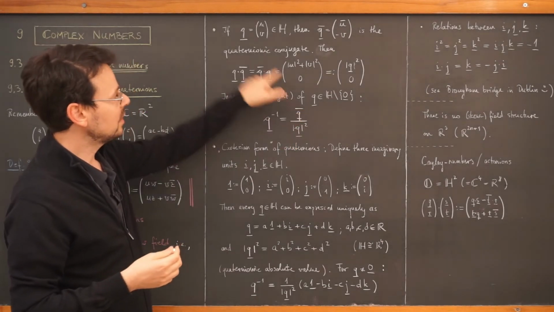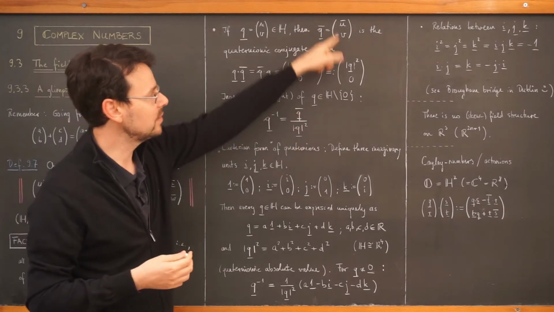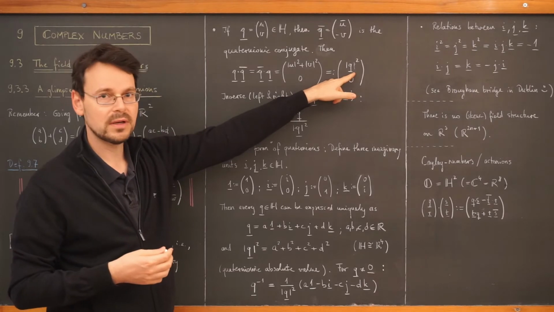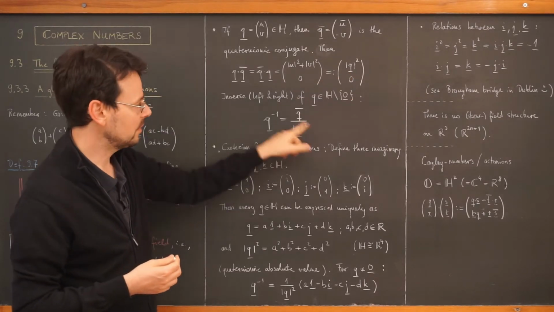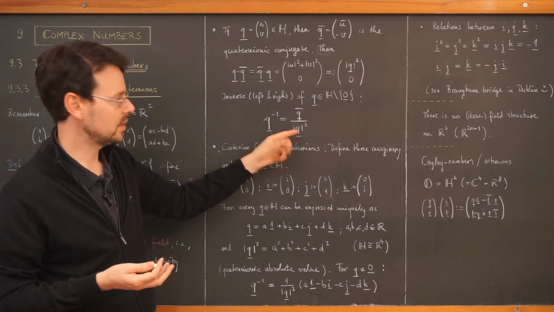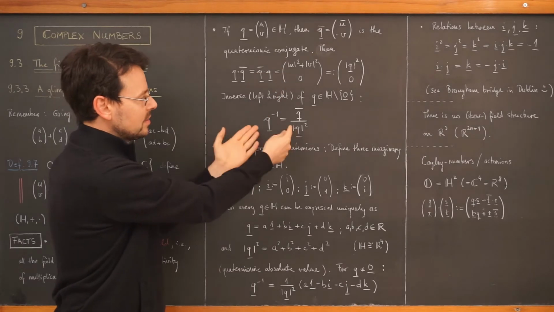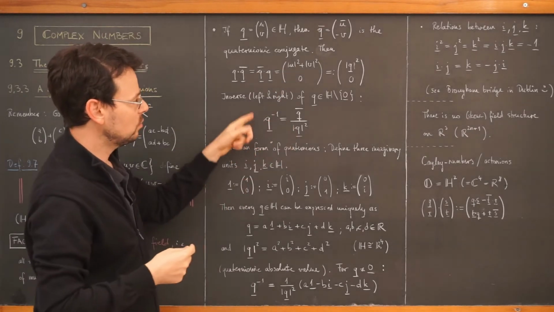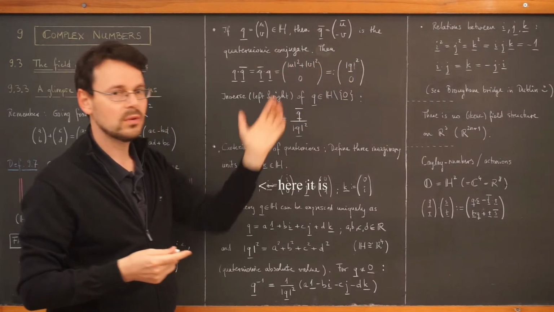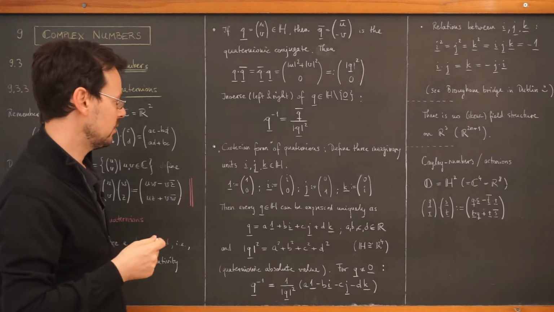But of course here I take the quaternionic conjugate as defined above and divide this vector by the absolute value of the quaternionic number. And this means of course dividing each entry by this real number. Yeah, this is just a real number. And then you should check that this indeed satisfies that q times q to the minus 1 is (1,0), the neutral element of the quaternions. Please do that on your own.